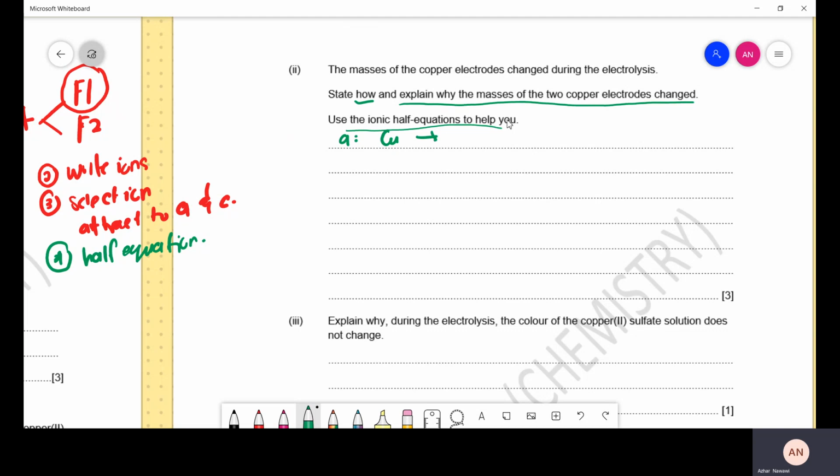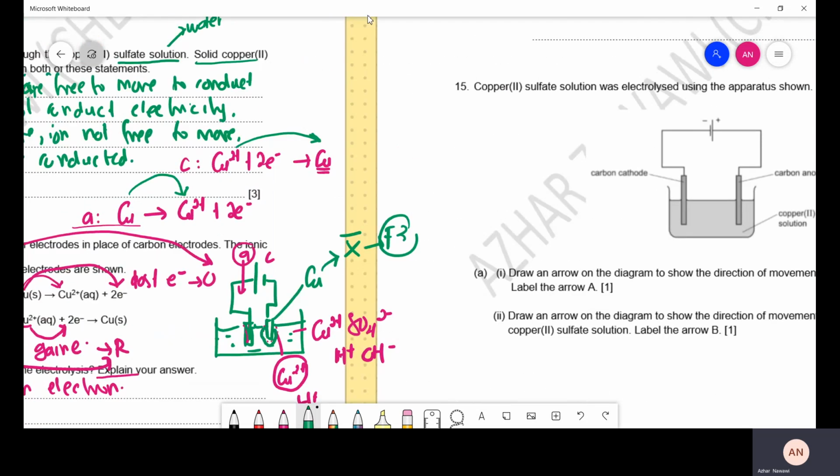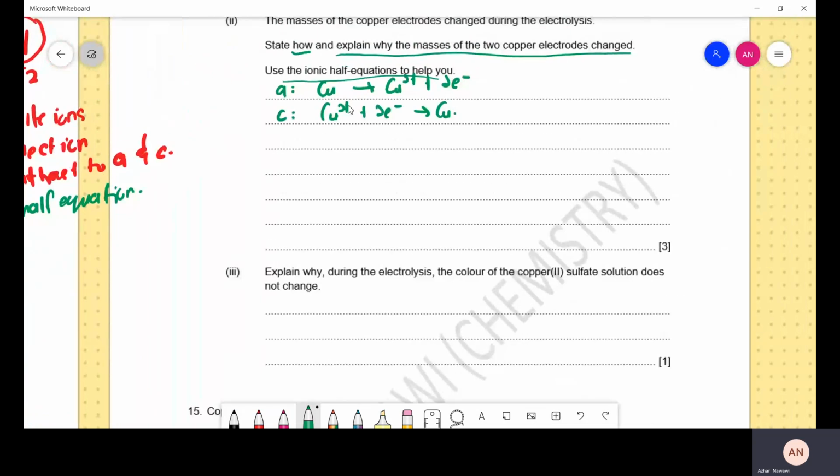The Cu is ionized to become Cu2+ plus 2 electrons. At the cathode, Cu2+ is discharged, gaining 2 electrons to produce Cu. How did I get this one? Check back the diagram just now. We already discussed why, right? So now you see, this one anode is solid to liquid, this one liquid to solid.